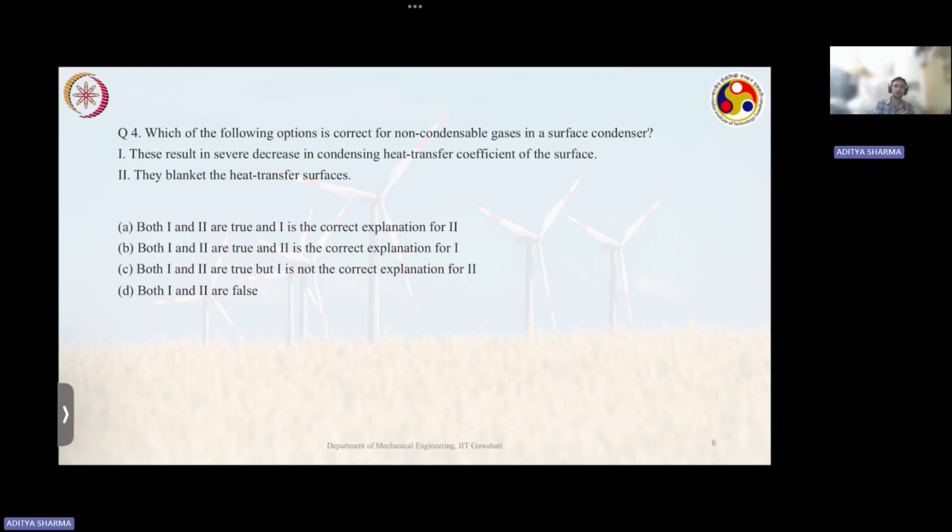The third says that one is not the correct explanation for second. And the fourth says that both one and two are false.